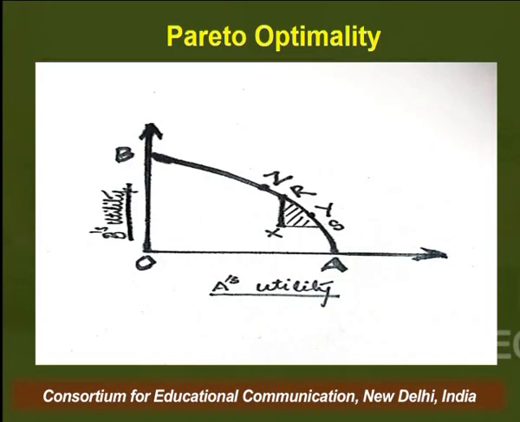For example, if you look at the graph again, any movement from X to R, or you can say Y in between, will take them to an improvement, an increase in the utility of both A and B. So that was a Pareto improvement.